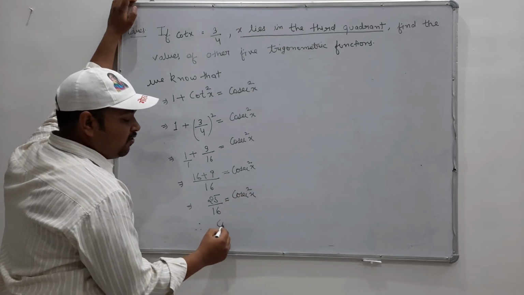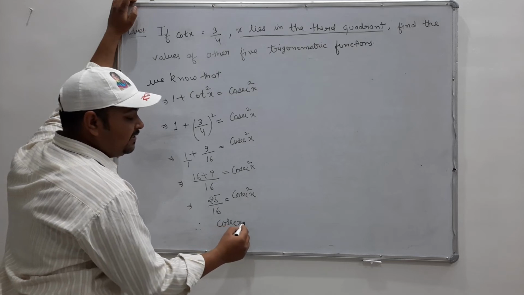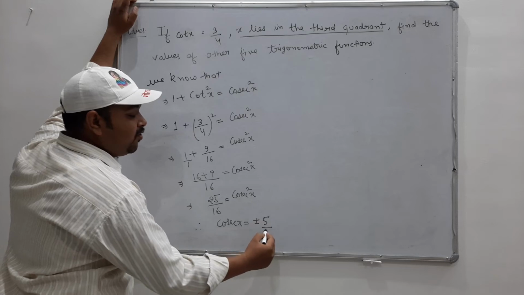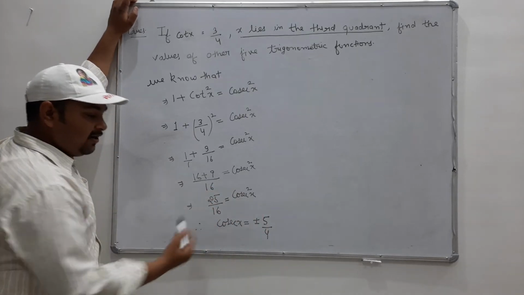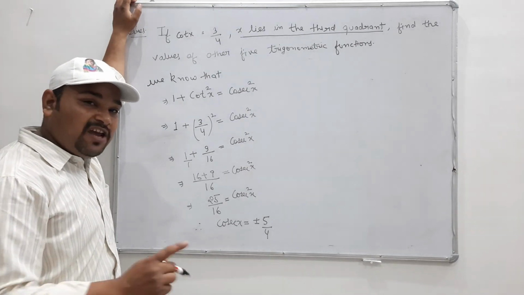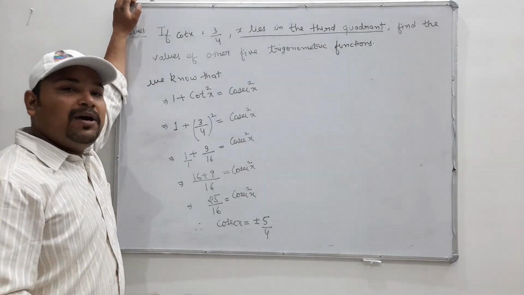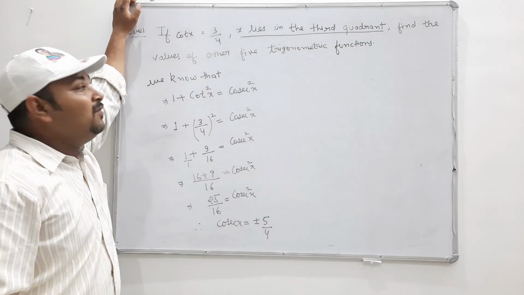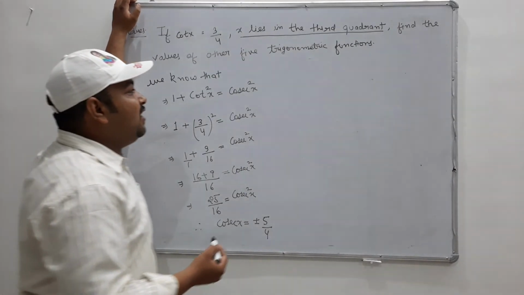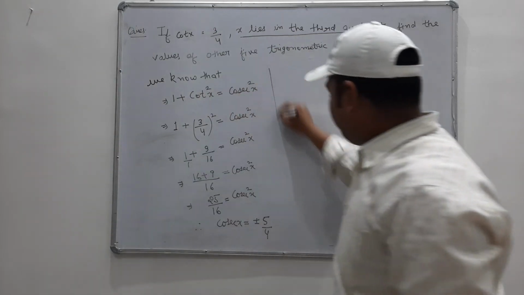Therefore, the value of cosec x is equal to plus minus 5 upon 4. Here, the value of cosec is plus 5 upon 4 and minus 5 upon 4. Now we will check which value is valid and which value is not valid.